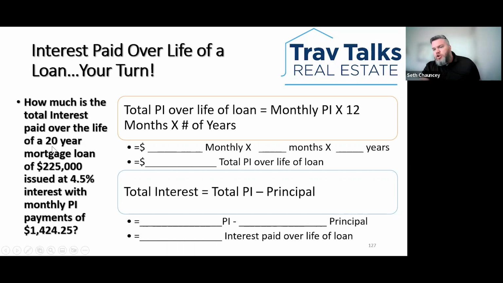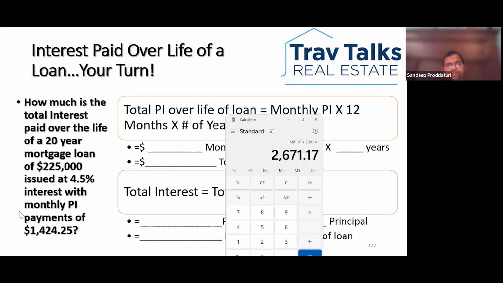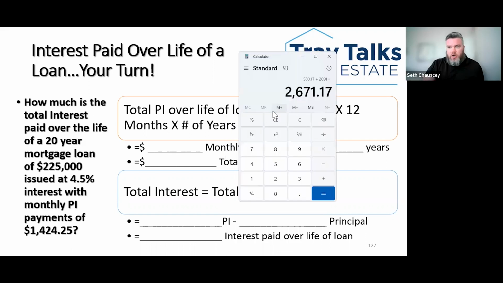Folks, if you are doing a 20-year mortgage, how many payments are you making? 240. Because you make 12 a year times 20 years, 240 payments. And if you're making 240 payments, they're all the same principal and interest payment.